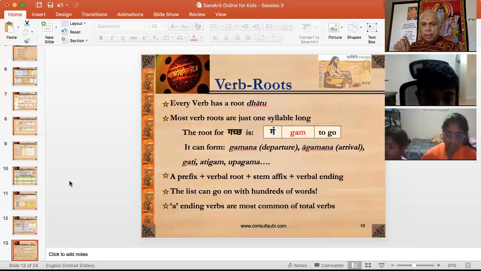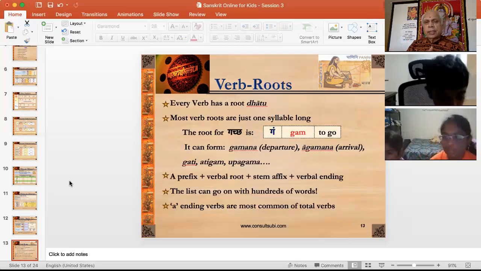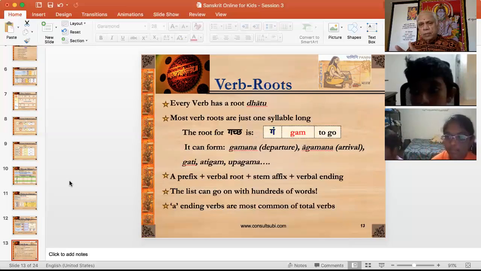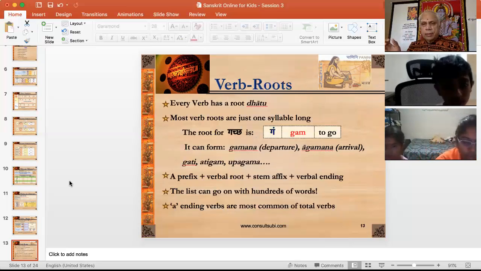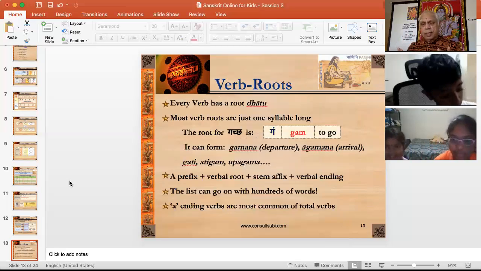Now, the root can have a prefix, that is a word before it. It can have another one which is a suffix, which is after it. And it can have an ending as a verb. Like I go, gacchami. Aham gacchami.